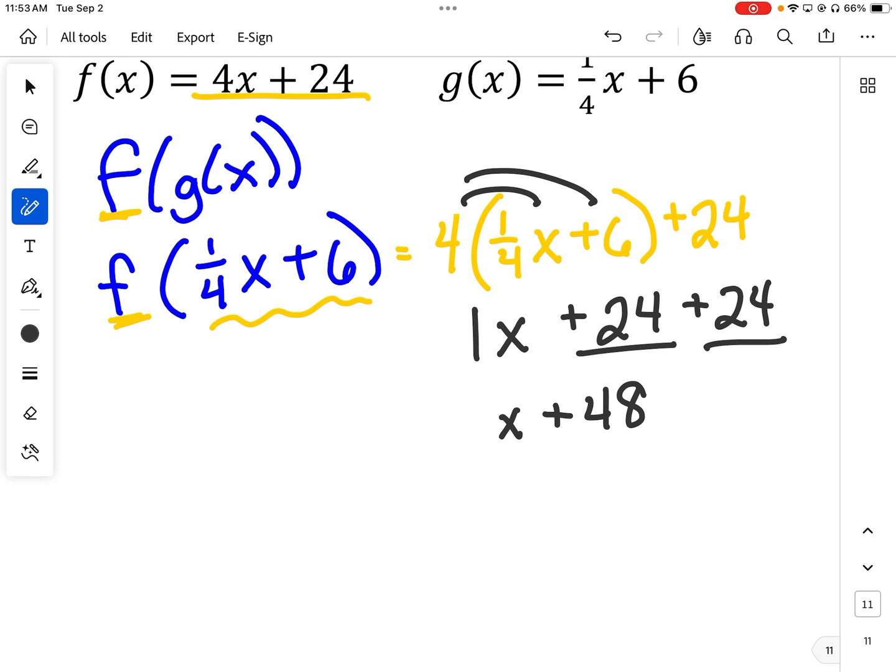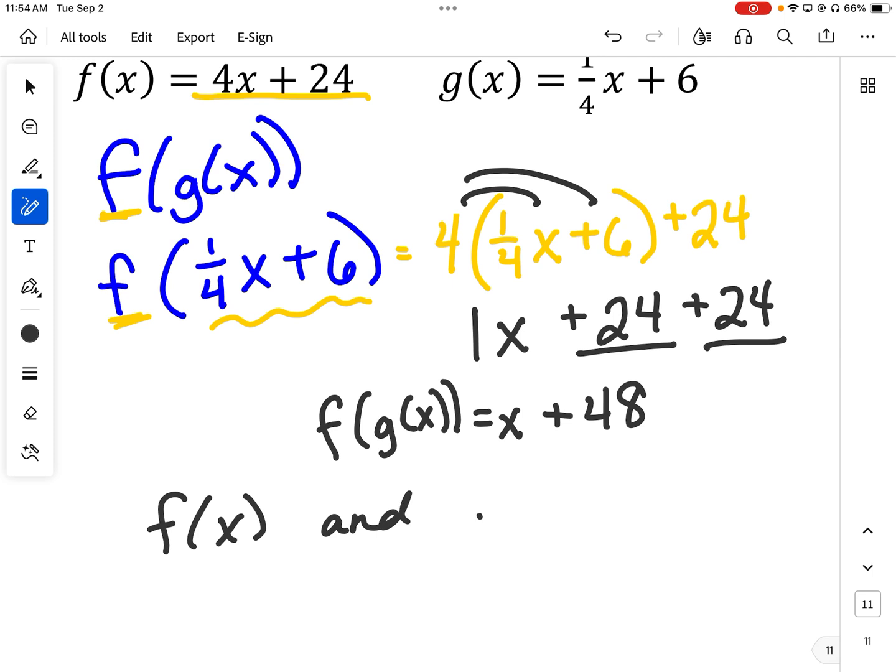Can they be inverses if it's x plus 48? No. So this was f of g of x equals that. Since it doesn't equal x, they are not inverses. f of x and g of x are not inverses.